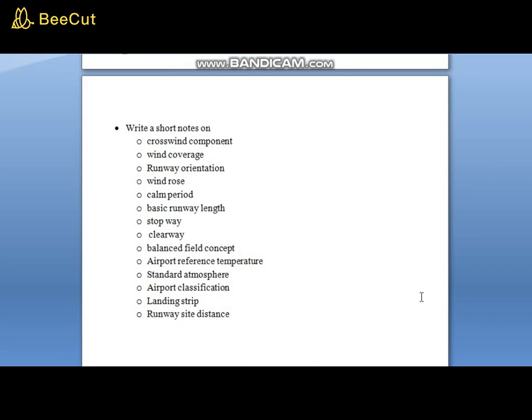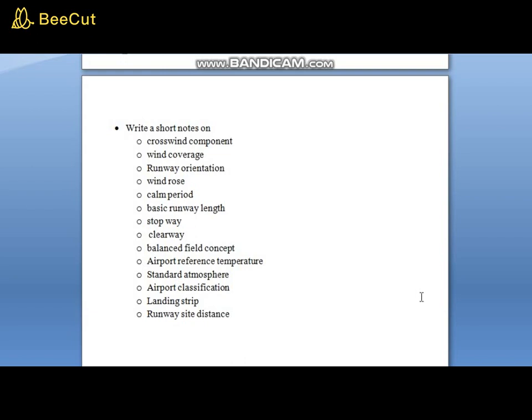Generally, question 17C of your Osmania University external question paper consists of: write short notes on the following. So this can be one among that 17C.